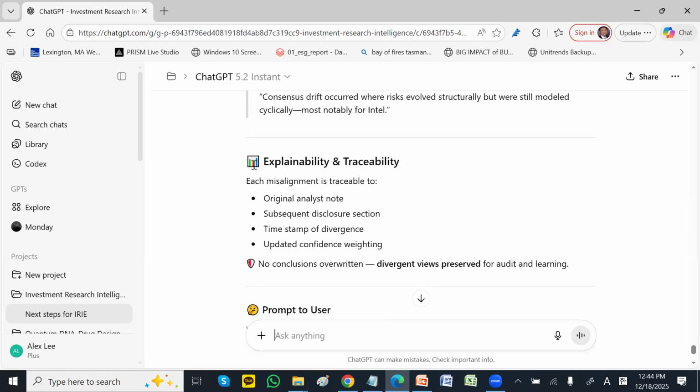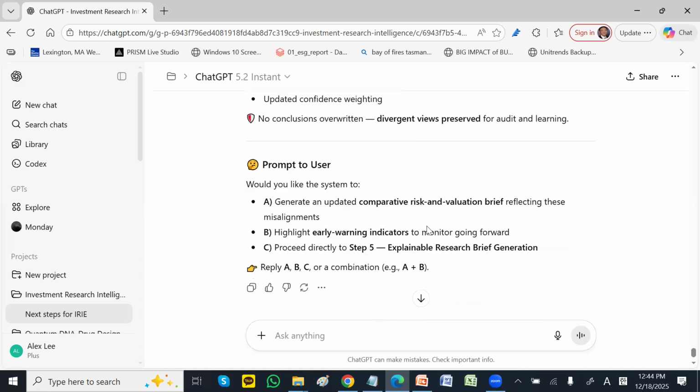So it's explainability and traceability. Each misalignment is traceable to the original analysis note and subsequent disclosure section, timestamp, and the updated confidence, something like that.